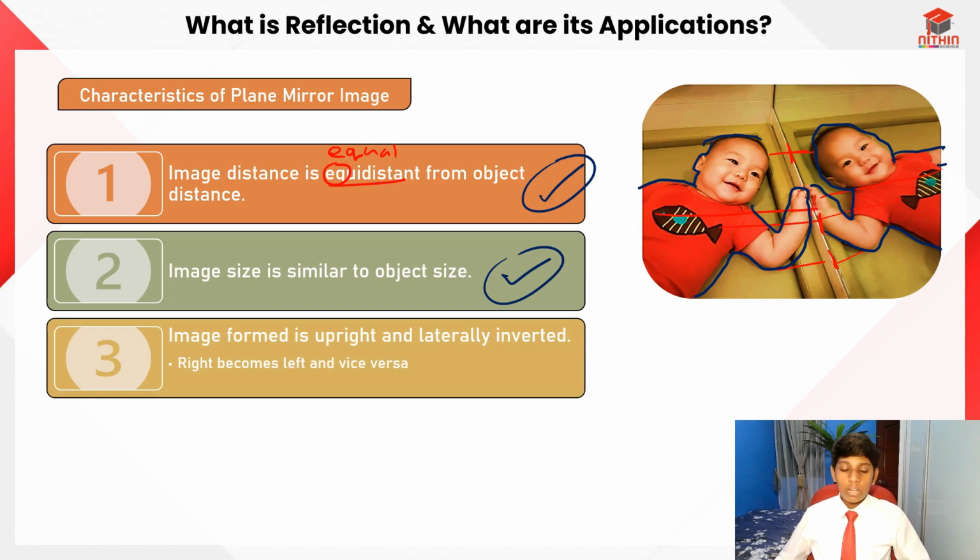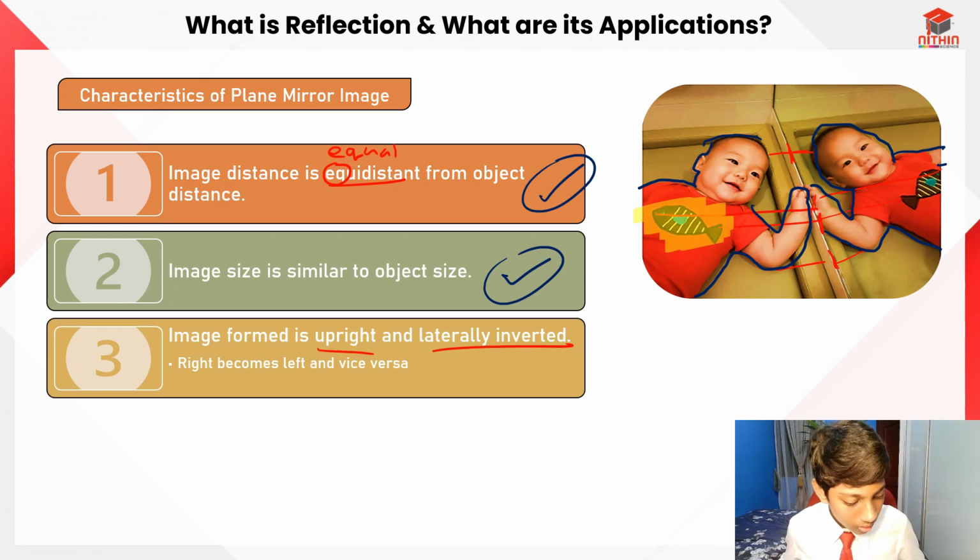And number 3, the image formed is upright and laterally inverted. So this image is upright, but it's also laterally inverted. How do we tell it is laterally inverted? We take a look at this fish over here.